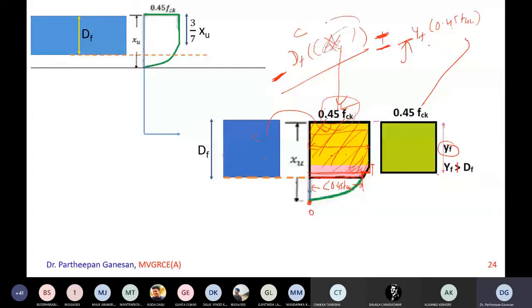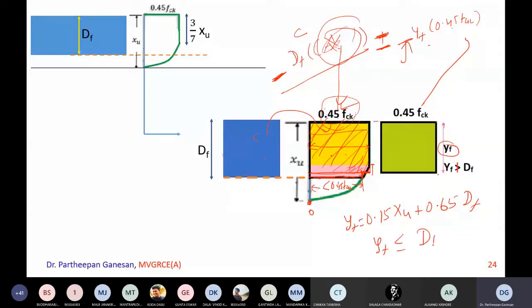To avoid that cumbersome procedure, your code says you consider the stresses uniform to a height of YF, and that YF value is 0.15 XU plus 0.65 DF, and this YF should be less than or equal to DF.